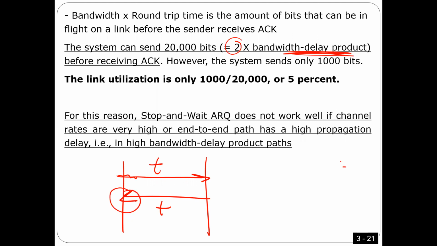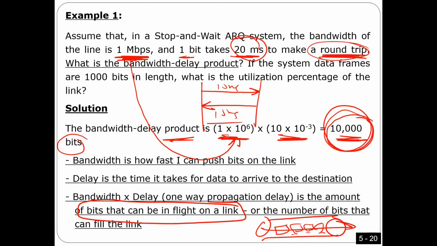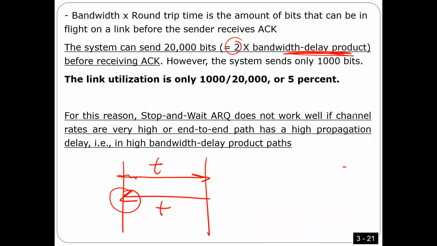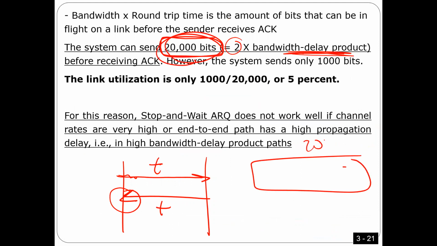The number here was 10,000, but that was only for one way. For the acknowledgement to come back as well, it has to be double this number. So I can transmit 20,000 bits before I receive the acknowledgement for the first bit I transmitted. You got what I'm saying?